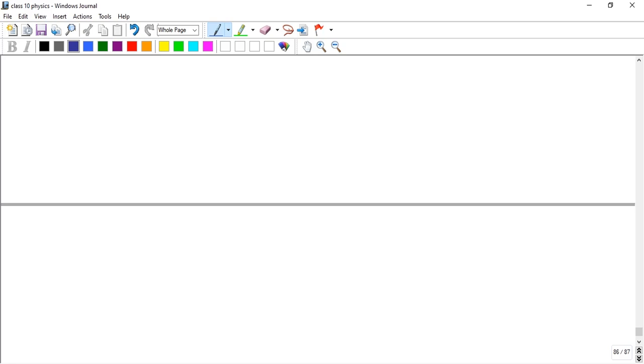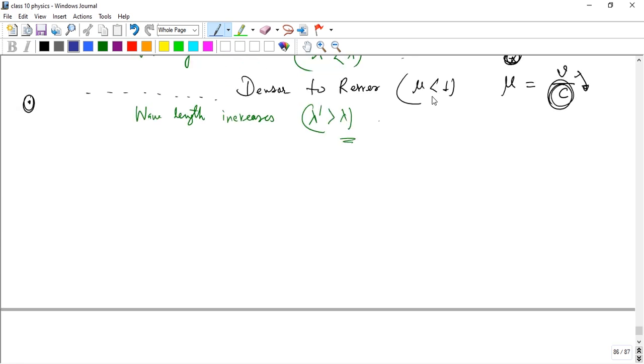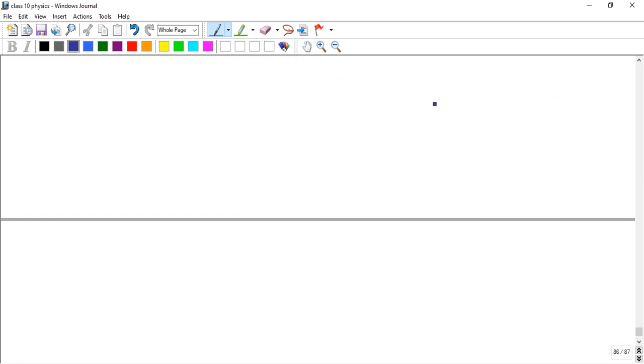So we discussed the factors affecting the refractive index of a medium. Continuation of the previous topic: factors affecting the refractive index of a medium.